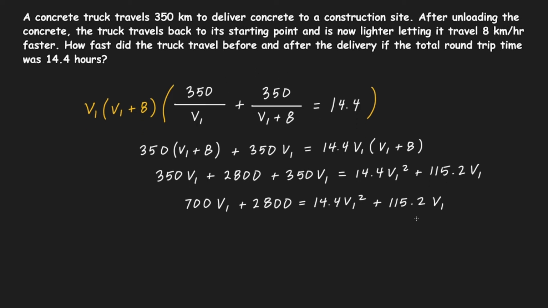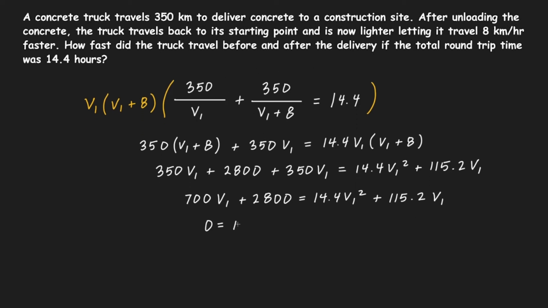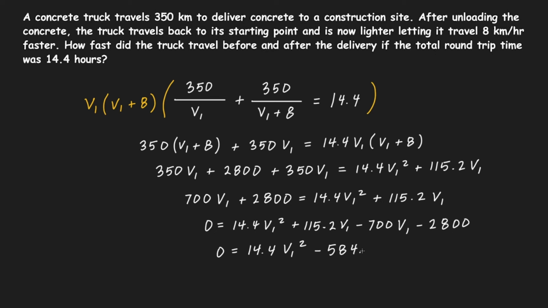And moving everything to the right side, we have 0 is equal to 14.4 V1 squared plus 115.2 V1 minus 700 V1 minus 2,800. Now, we combine both V1 terms, and we end up with a quadratic equation of 0 is equal to 14.4 V1 squared minus 584.8 V1 minus 2,800.